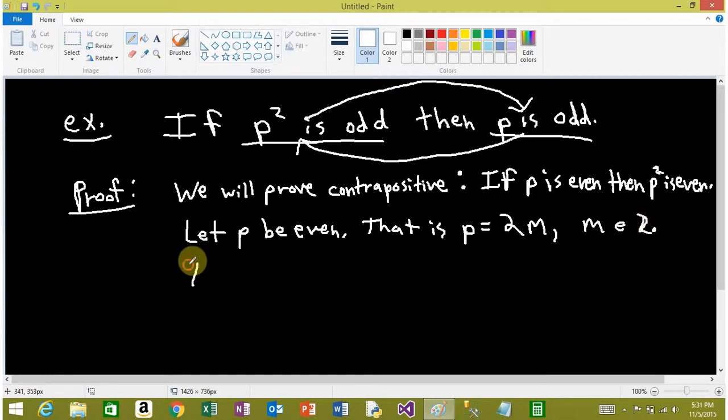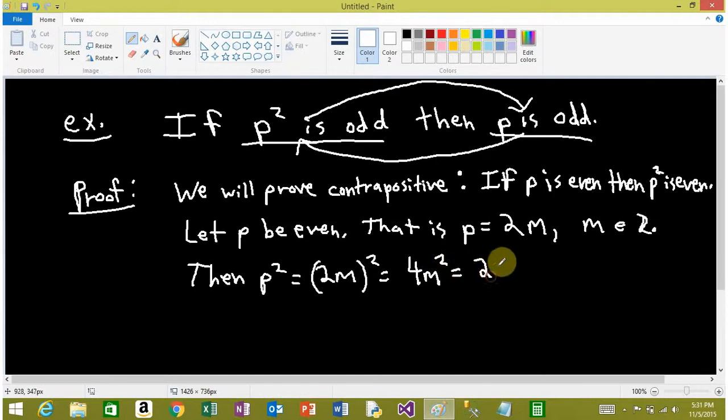And then we're going to find P squared. So then, P squared equals 2m, all of that squared, equals 4m squared. And then this is also equal to 2 times 2m squared, right? Because 2 times 2 is 4, and with the m squared.